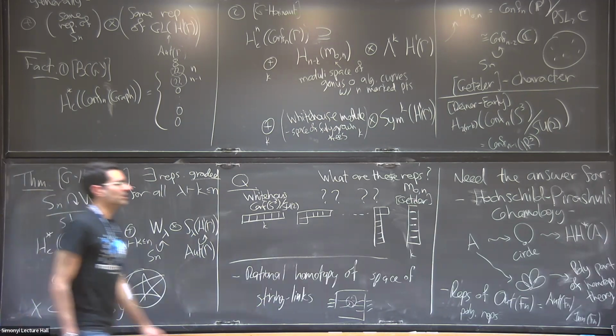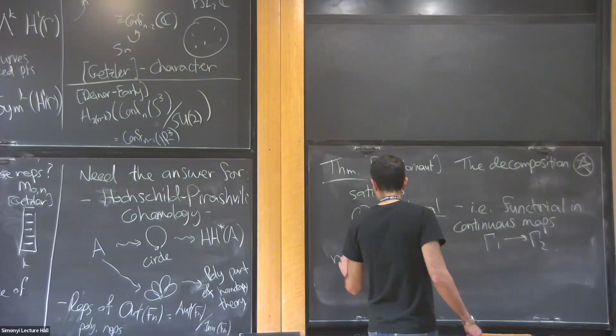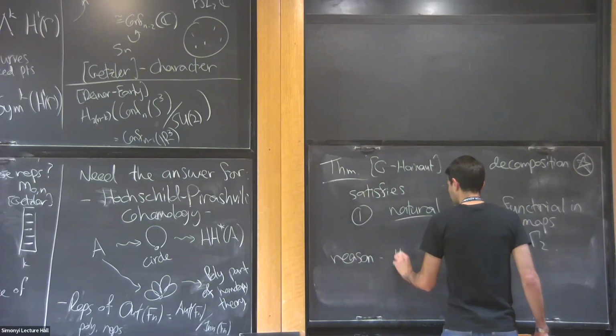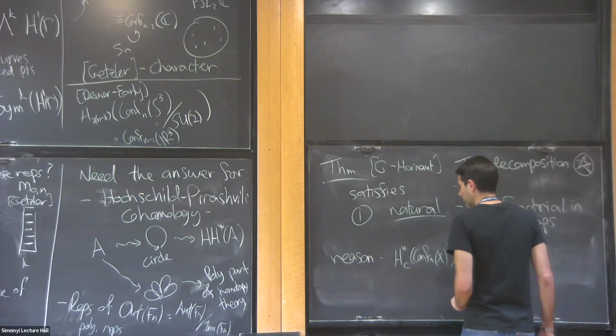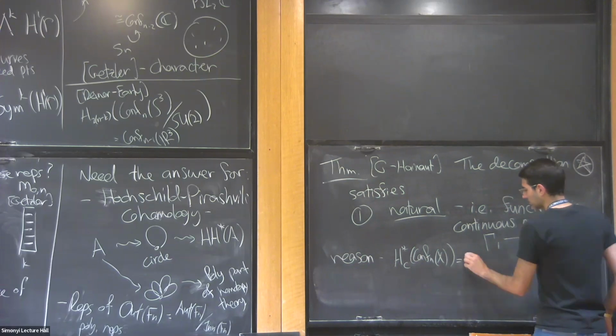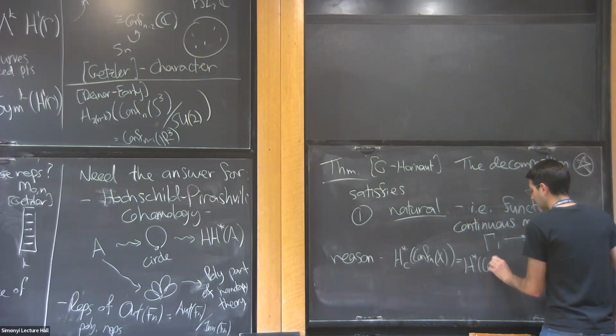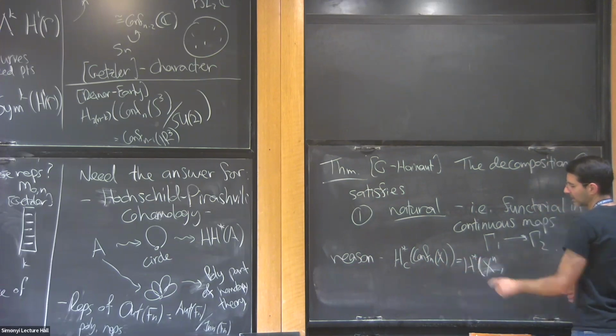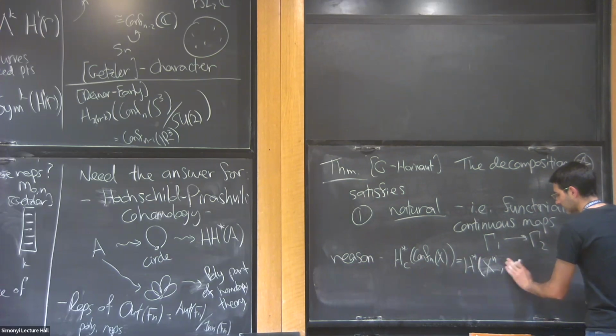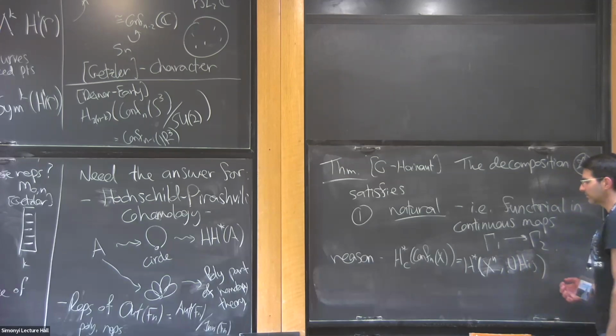And the reason is that for a compact space, the compact support cohomology of the configuration space of n points on X is the same thing as if you take just n points on X and relative to the fat diagonal, the ij-th diagonal, h_ij.